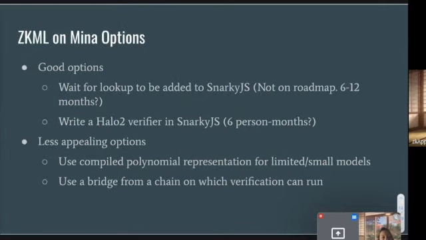I see a couple of different possible ways forward. I'm writing a blog post to summarize what I found. I think the good options are, if it gets into the roadmap for SnarkyJS, user-defined lookups. That's something we would use immediately. Another good option, but one that's quite a lot of work, that maybe you guys want to do, or some other team, or maybe I'll be involved, is to write a Halo 2 verifier in SnarkyJS, a verifier for another proof system that does support lookups.